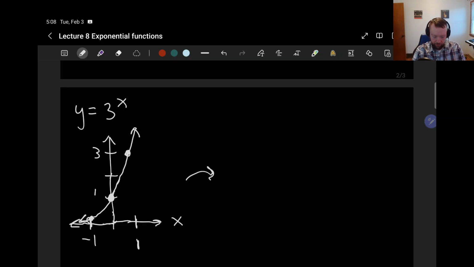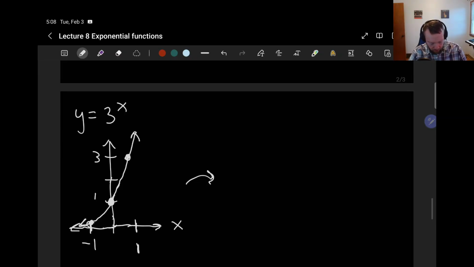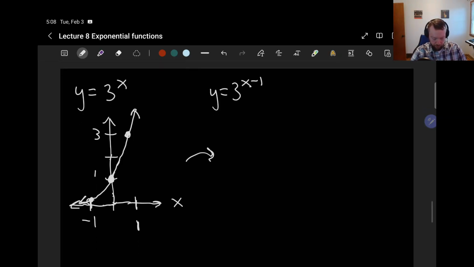So let's apply our transformations. I actually want to start with the -1. 3 to the x minus 1. Then we'll add the -2 at the end later. This moves us 1 unit to the right.